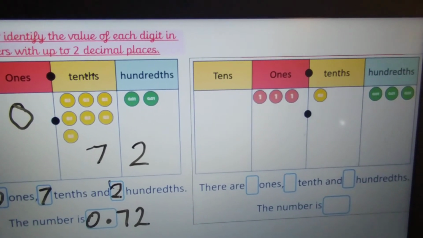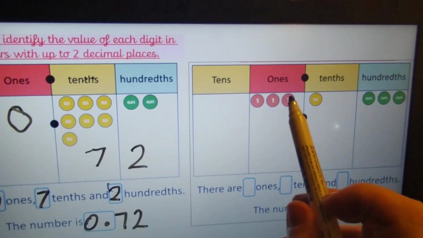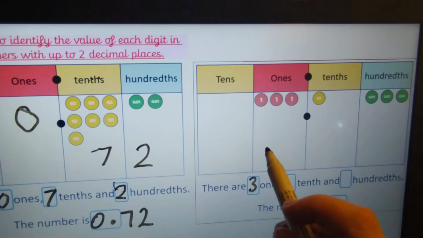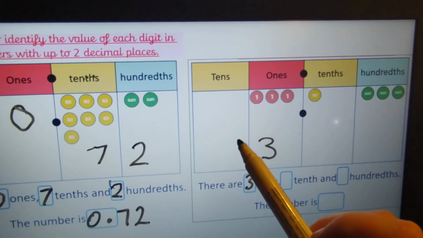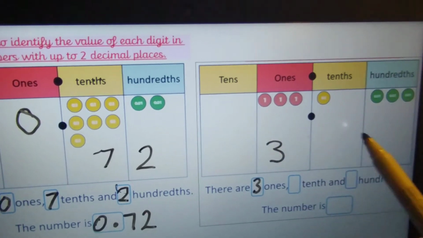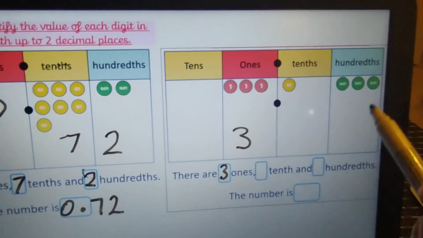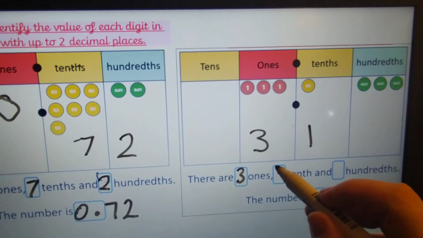Okay, looking at the next one, again, make sure you've had a little go before you watch me talking about this one. So we'll write it in again. There are 1, 2, 3 ones. So in our ones column, we've got 3. We've got our decimal point separating the whole part of the number from the fraction, the decimal part of the number. And here we've got, hopefully you can see, 1/10.